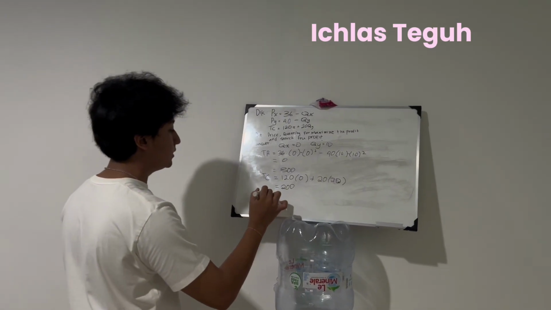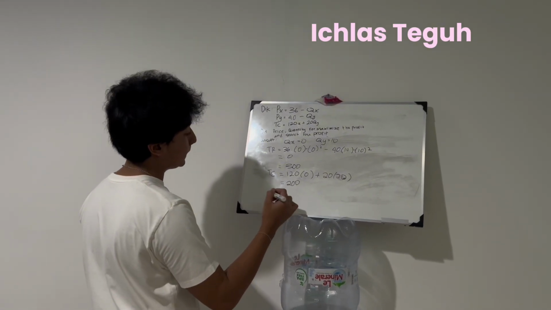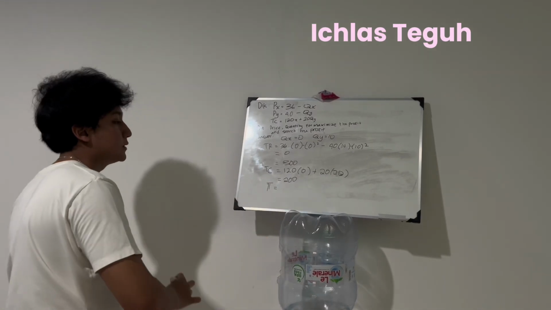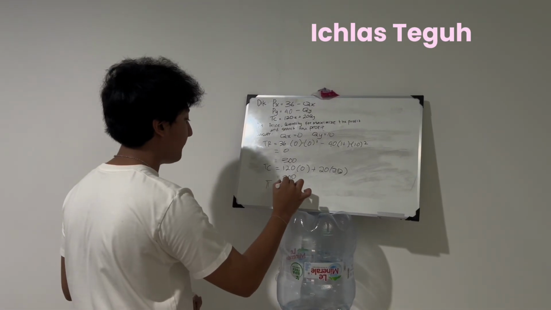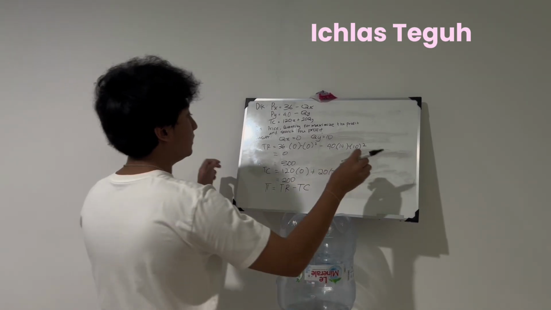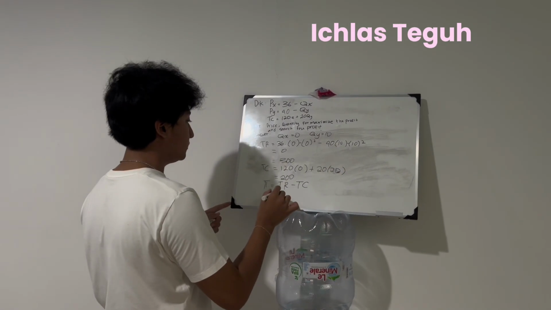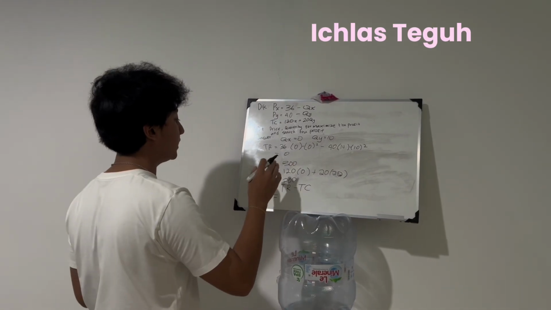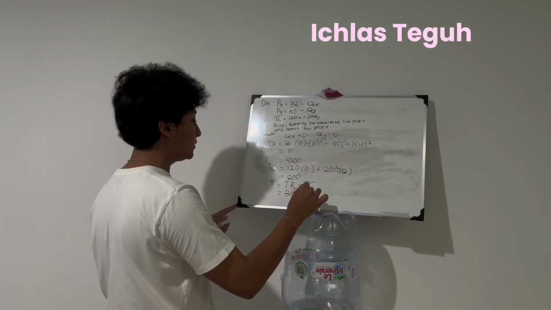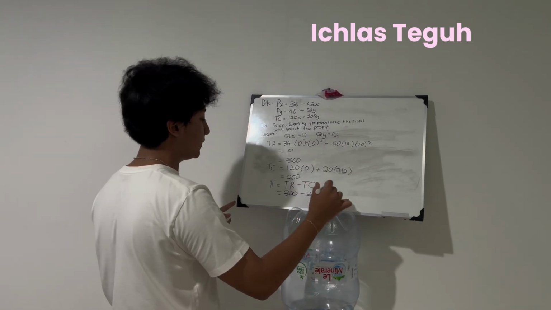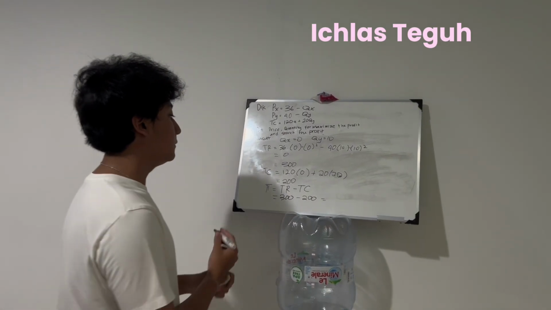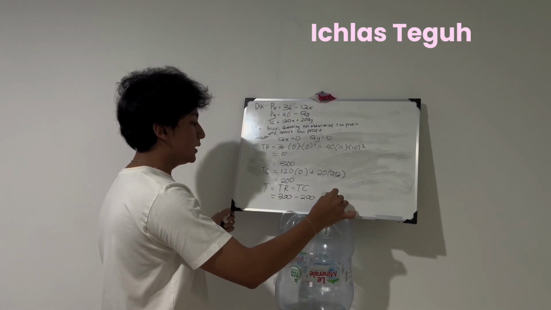Then we search the maximum profit, and the formula for maximum profit is TR minus TC. We put the TR and TC into the formula: 300 minus 200, and the maximum profit we have is 100.